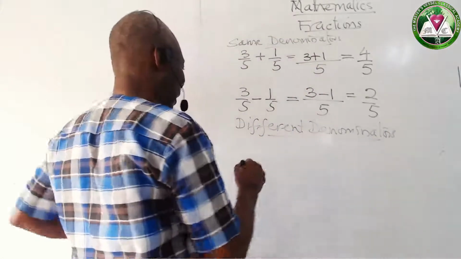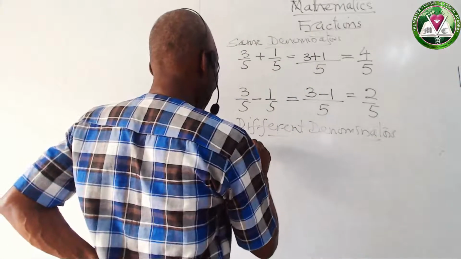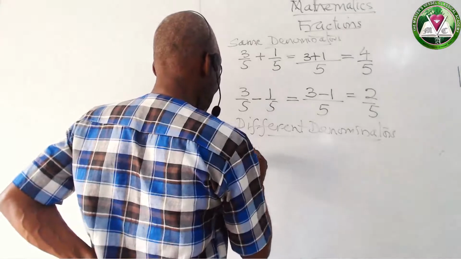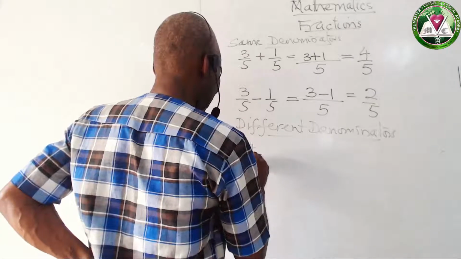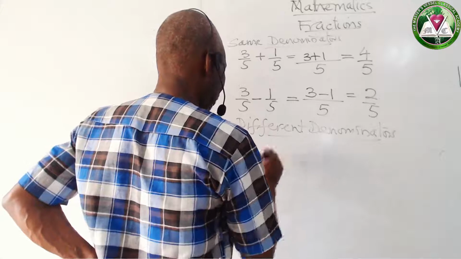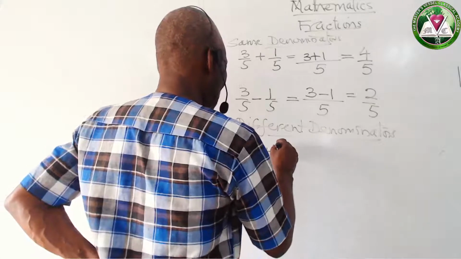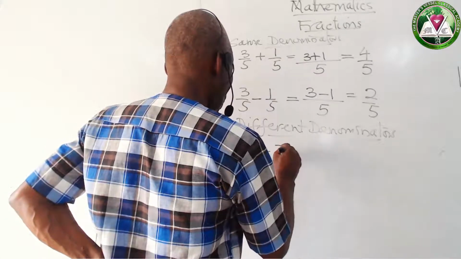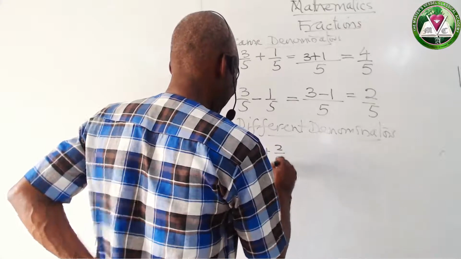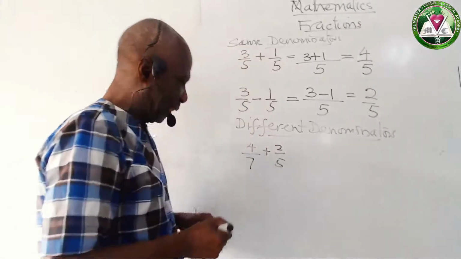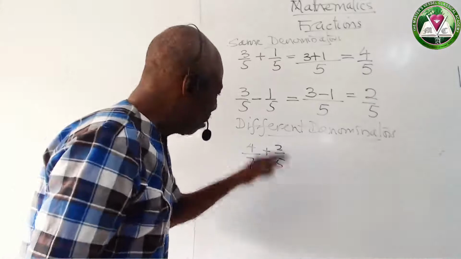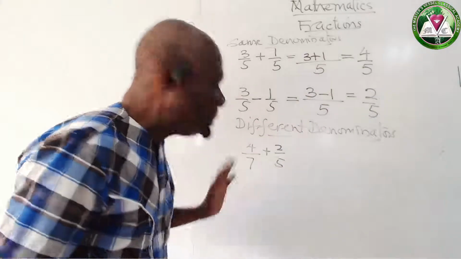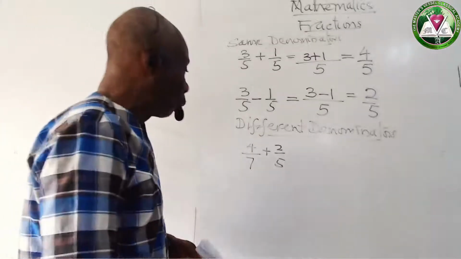All right, we take example. We now have 4 over 7 plus 2 over 5. Let's take this. Look at it, nothing common. Both numerator everywhere. Nothing common at all. What are we going to do?